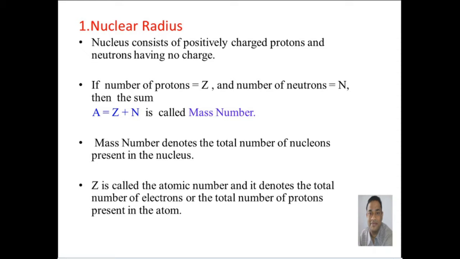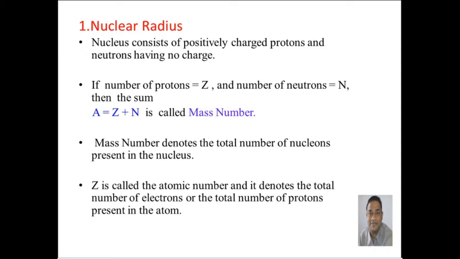Now, if there are Z number of protons inside a nucleus and N number of neutrons inside the nucleus, then their sum Z plus N is equal to A. It is denoted by capital A and it is called the mass number. So what does the mass number of a particular element represent? We know that the particles that are present inside the nucleus are called nucleons.